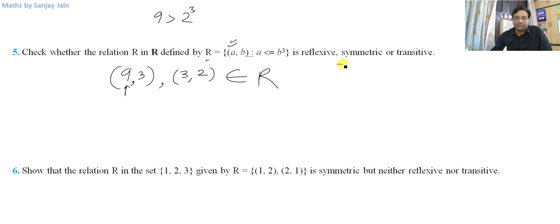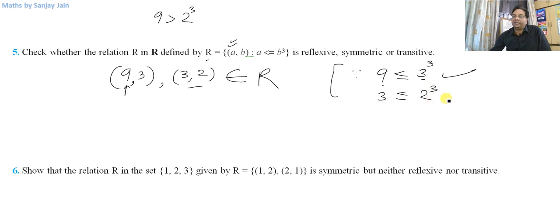Why do I say that? Because 9 is less than or equal to 3 cubed. 3 cubed is 27, so 9 is less than it, right? What about 3 comma 2? 3 is less than or equal to 2 cubed. So obviously 3 is less than 8, so it is present.